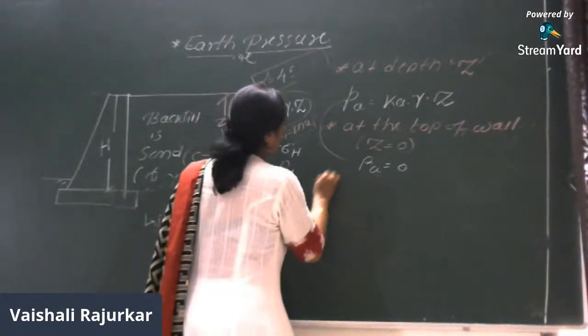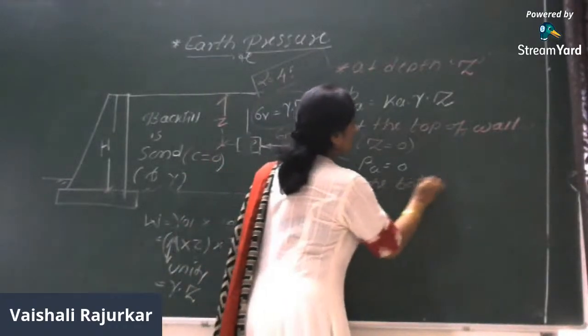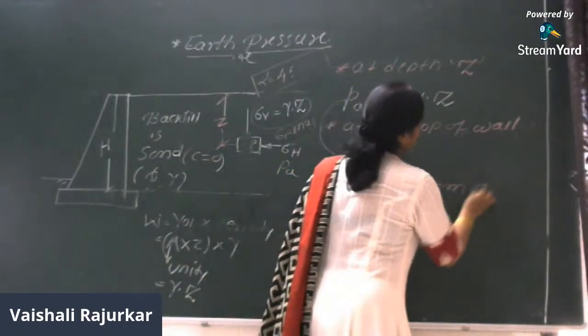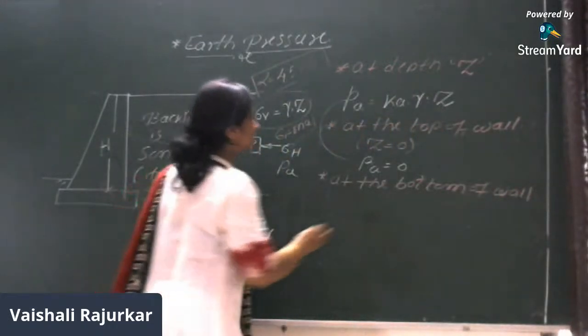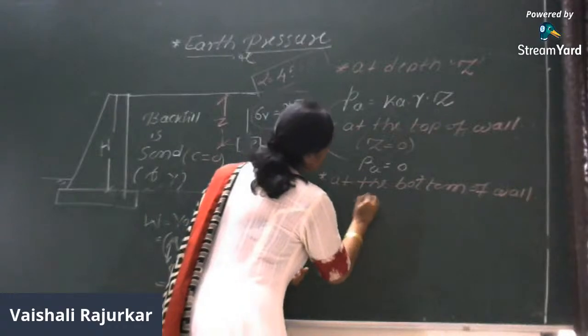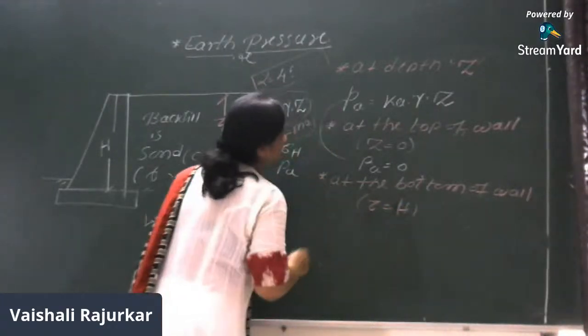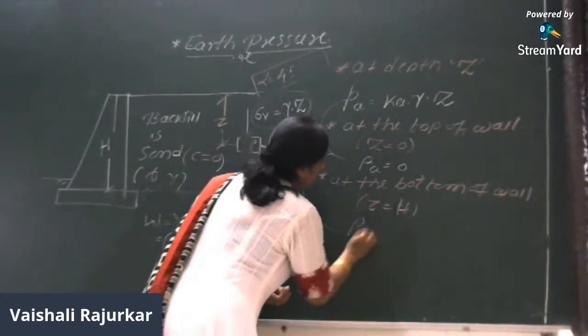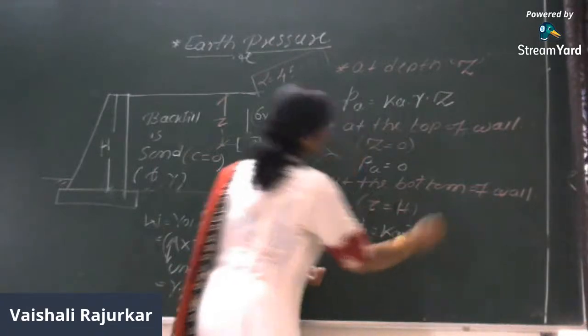Then at the bottom of the wall, this Z is equal to H, and therefore this pa is equal to Ka into gamma into H.